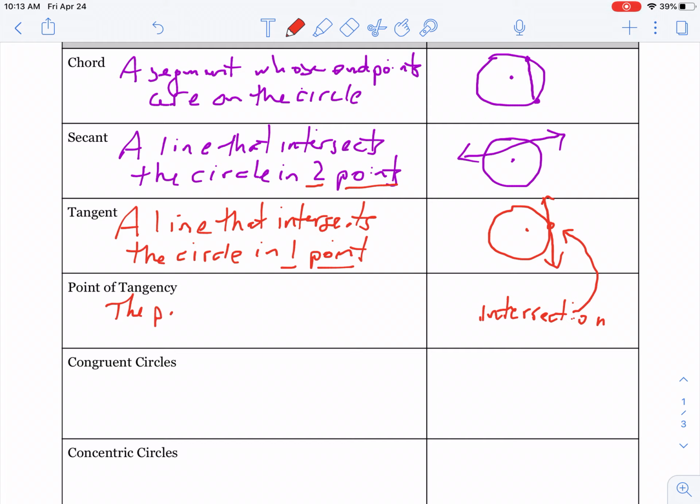It's the point of intersection. That line, though, has to be a tangent.